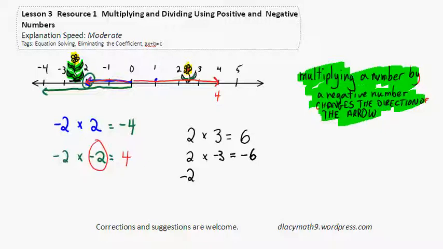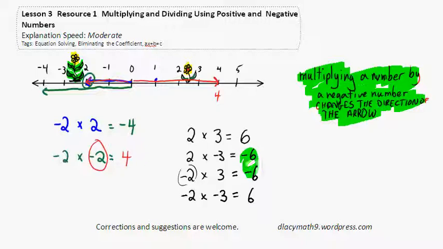Negative 2 times positive 3, we don't usually write the plus sign there, is equal to negative 6. I started with a number pointing to the left, and after multiplying it by 3, it's still pointing to the left. And finally, negative 2 pointing to the left times negative 3, which changes the direction and makes it longer, is positive 6.